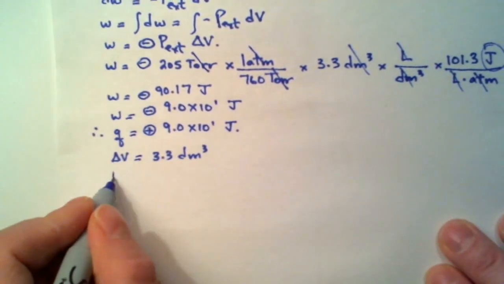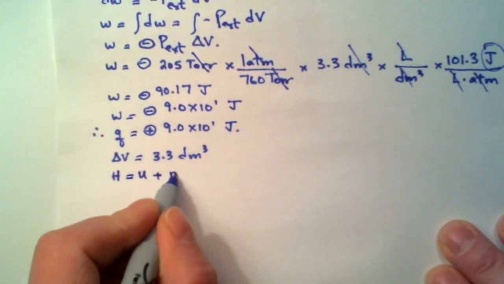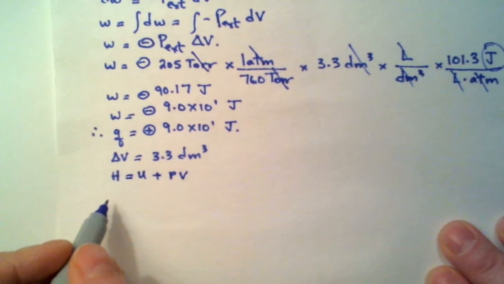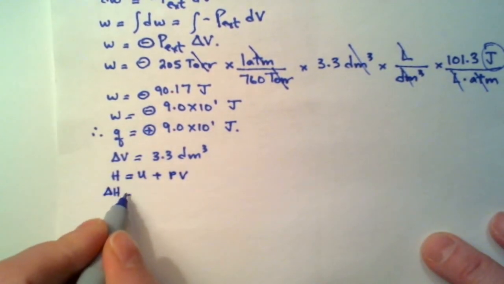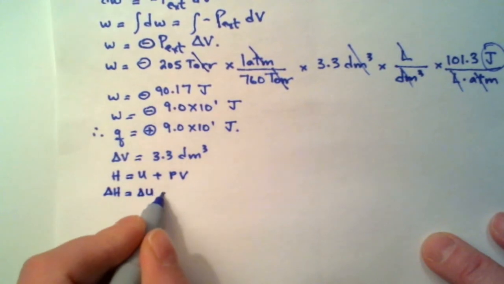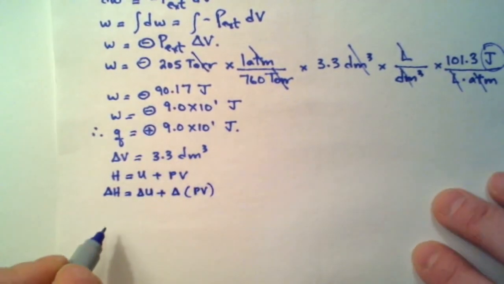Now, the thermodynamic definition of enthalpy is U plus PV, and that's always the case no matter what kind of change we're looking at. And so delta H is equal to delta U plus delta of this PV.